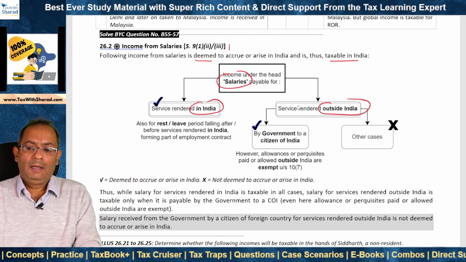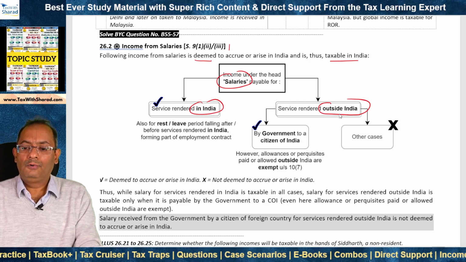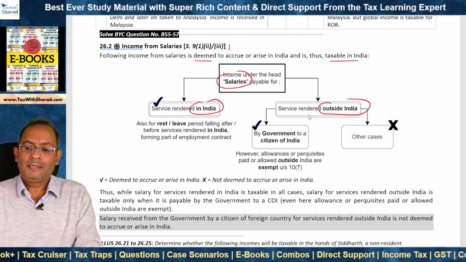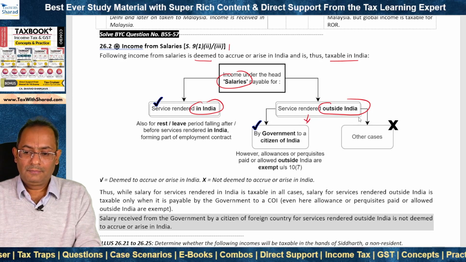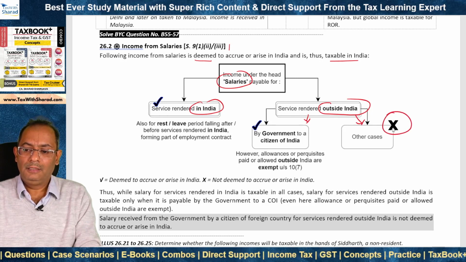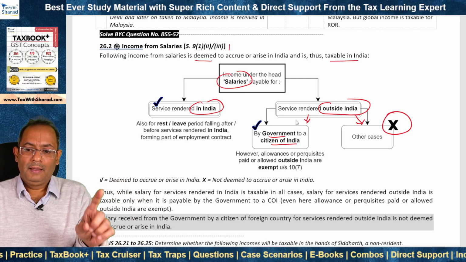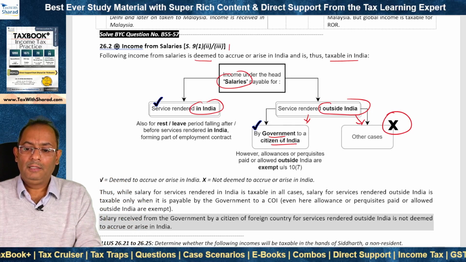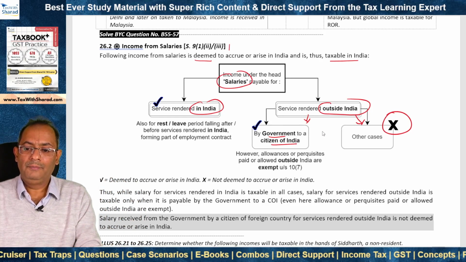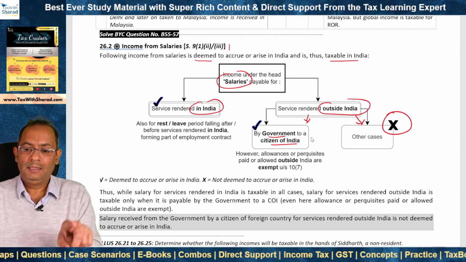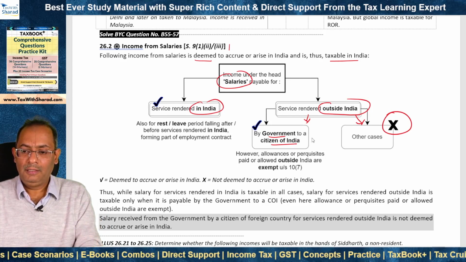Okay. However, if the services are rendered outside India, it is taxable in India only in one case. In other cases, it is not taxable in India. So where the services are rendered outside India and the salaries are payable by the government to a citizen of India, then it is deemed to accrue or arise in India, and therefore it is taxable in India.